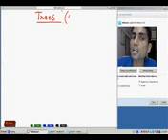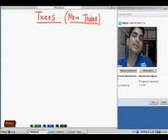Now let us move on to the next type of data structure, known as trees. It is a type of non-linear data structure. Mind it, trees are a type of non-linear data structure.